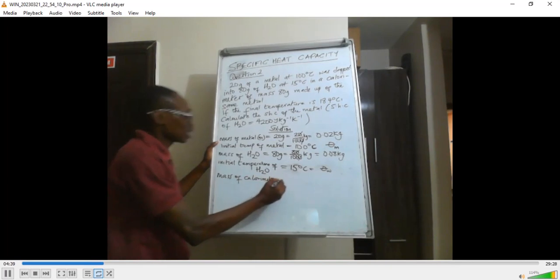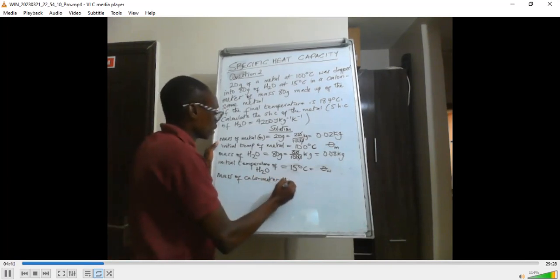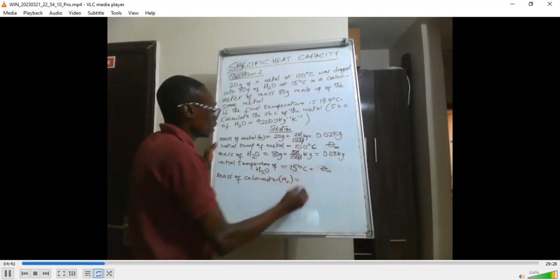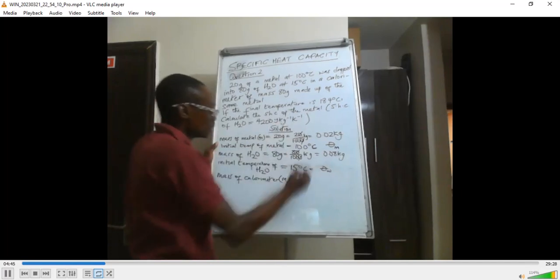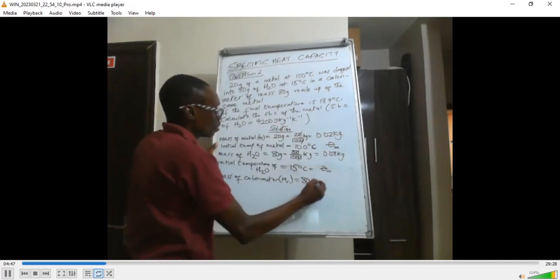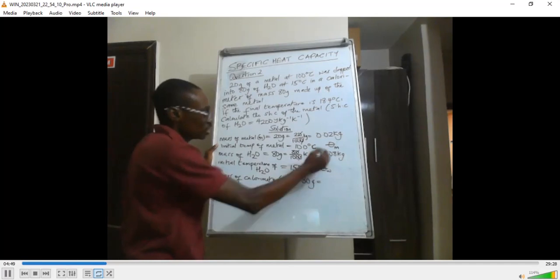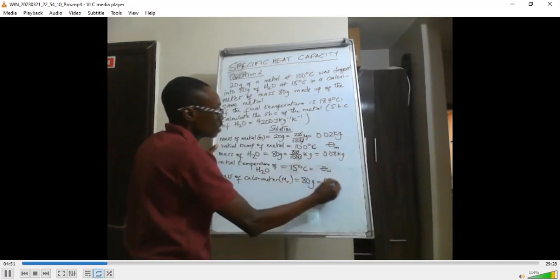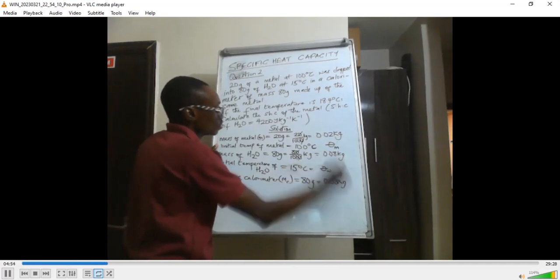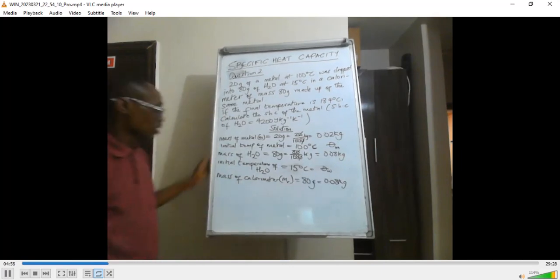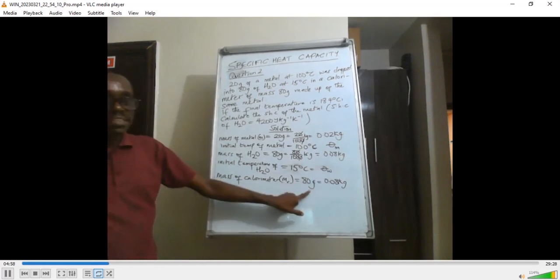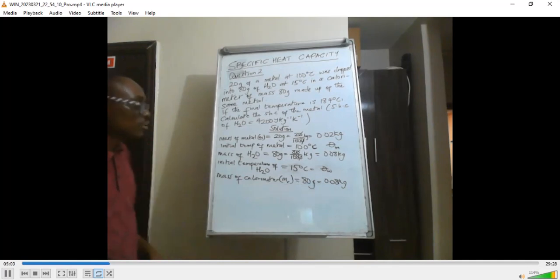So I'm picking out the parameters. Let's call this m sub c. Mass of the calorimeter is 80 gram, which if we divide this by 1000 will still give us 0.08, just as here. Mass of calorimeter is 80 gram, which is 0.08 kilogram.